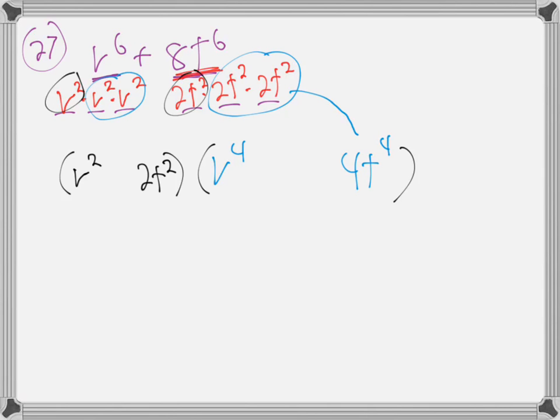1 of each in the middle. What do you mean 1 of each? A v squared times a 2t squared. If it bugs you, you can rewrite it 2v squared t squared. It doesn't matter. It's all good. I'll rewrite it a little nicer that way. 2v squared t squared, right? Which is 1 of each. And then swap the sign.